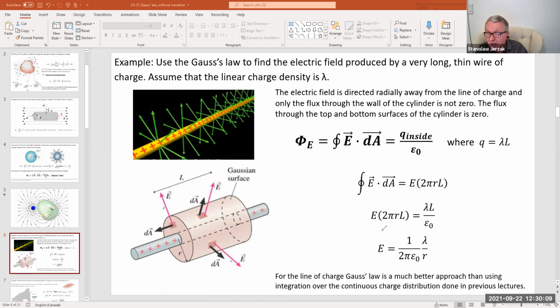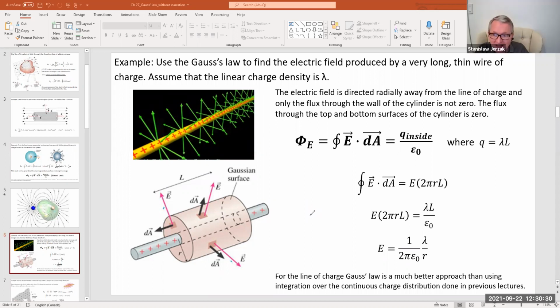That took only 2 lines, and previously we took a few pages to get the same result. So Gauss law is very useful, but only if the charge is distributed symmetrically, like on the line of charge. Any questions? Sir, can you go over again where you got the 2 pi RL?